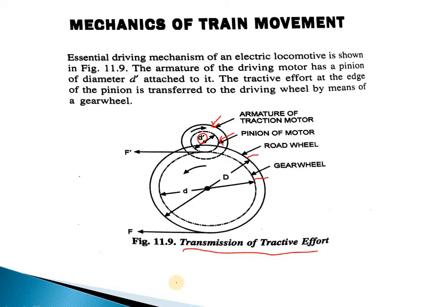The pinion of the motor is connected with the gear wheel, and it will create the force F' in the gear wheel, and another force is created in the road wheel. That means the force is given by the motor to the gear wheel, and from the gear wheel the force comes to the road wheel.